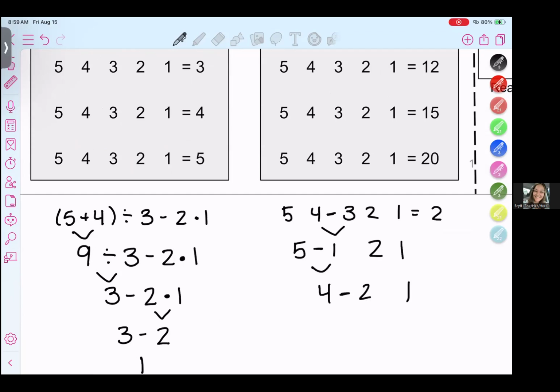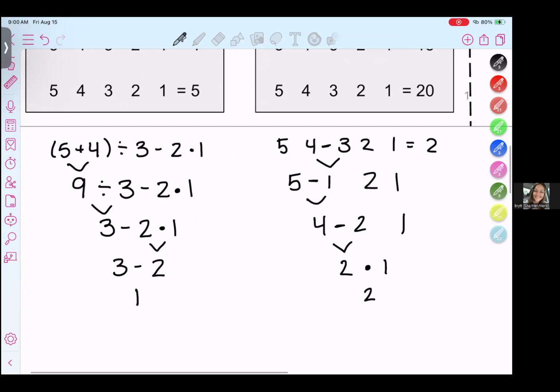We do 4 minus 2, that gives us 2. And then we want to do times 1, which gives us 2. Now we have the right answer, but if we do our PEMDAS with that, right? If we have 5 minus 4 minus 3 minus 2 times 1, this is going to come first. If we need that to come last, we use our parentheses.